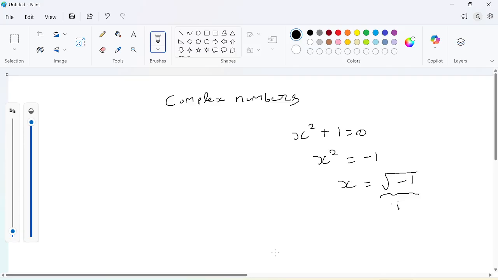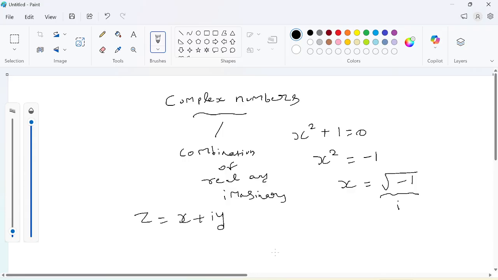i is an imaginary number. Now, complex numbers are a combination of real and imaginary numbers. Say I have z equal to x plus iy, because z is always used to represent a complex number.